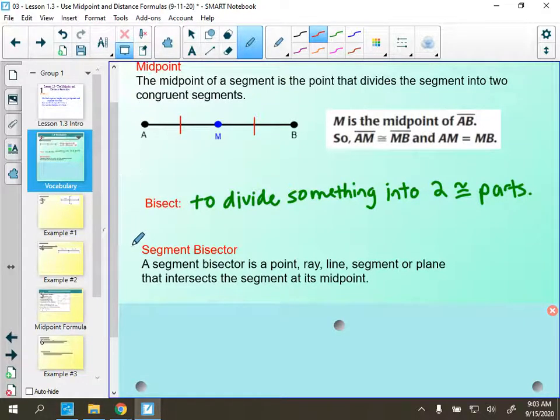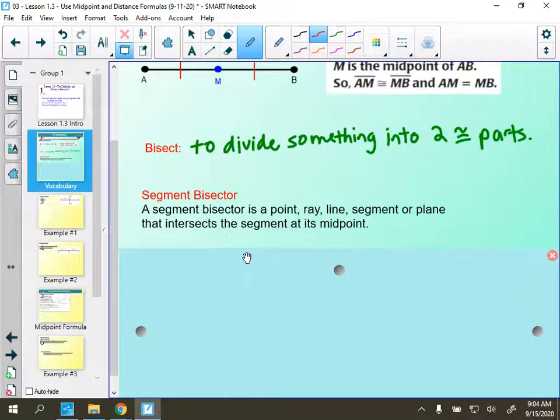I thought that's what we just talked about, a midpoint and a segment bisector? A midpoint does fall into this category. It's a point that intersects at a segment's midpoint. So yes, a midpoint is a segment bisector, but there could be many things beyond a midpoint. There is only one midpoint of a line. You could have really an infinite amount of segment bisectors.